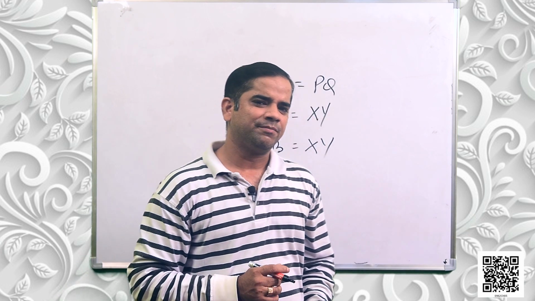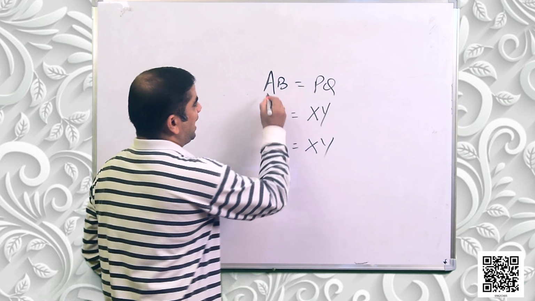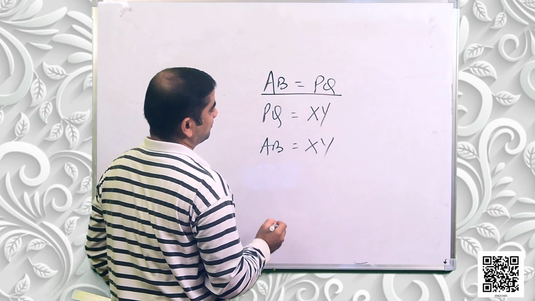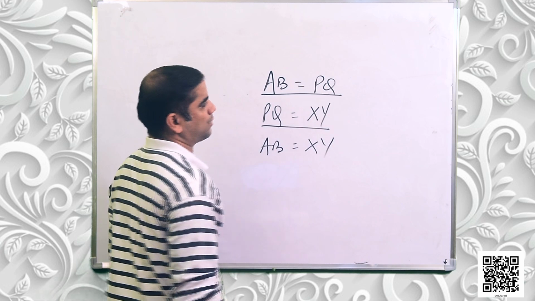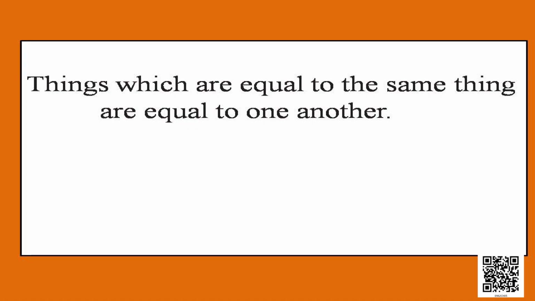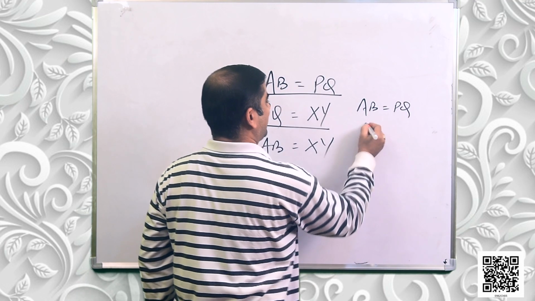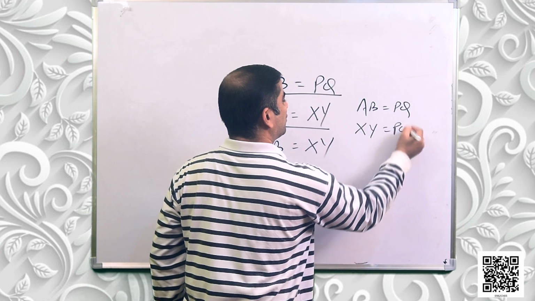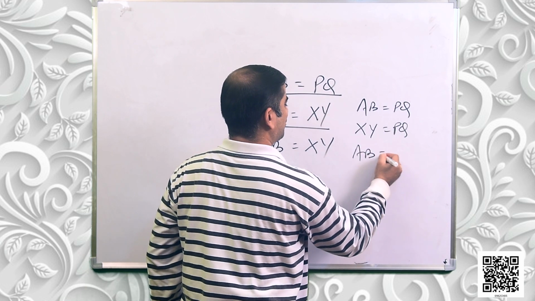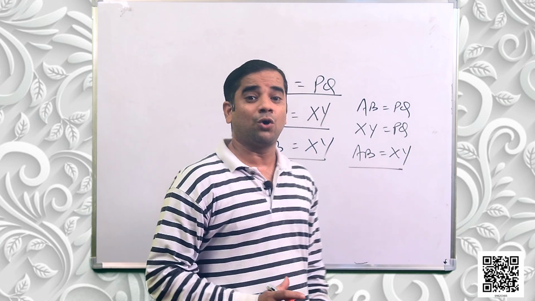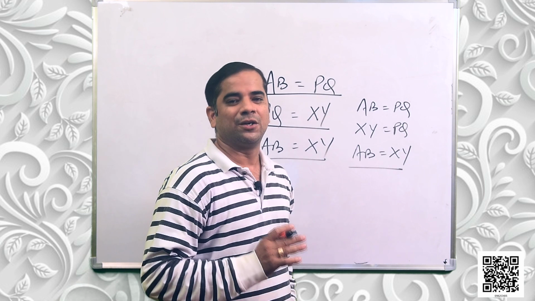Isn't it true? Let us check it out. See, AB is equal to PQ and PQ is equal to XY. So, we know that things which are equal to the same thing are equal to one another. That means AB is equal to PQ and XY is equal to PQ. So, AB is equal to XY. So, this statement is also true.